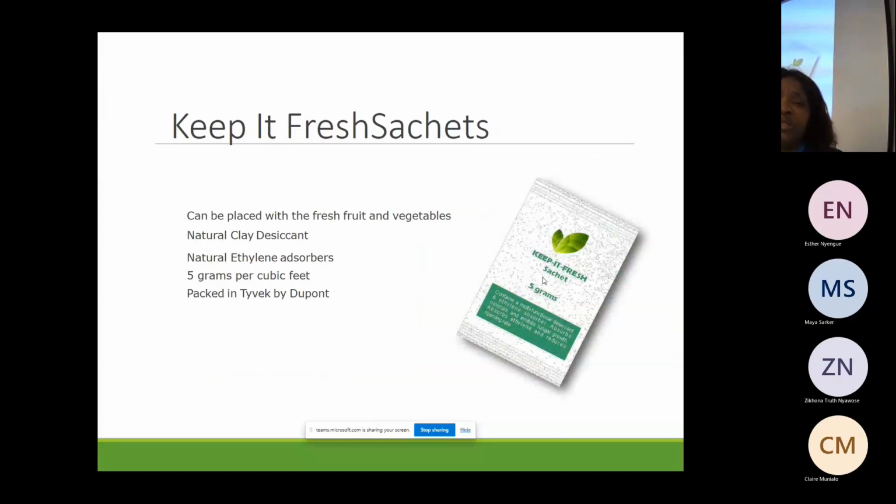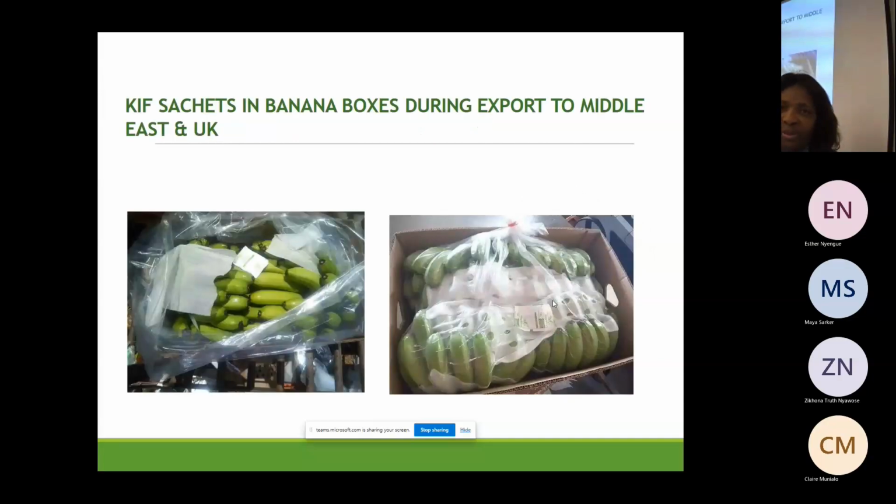Then there's also sachets, which can be placed within fresh fruits and vegetables. Natural ethylene absorbers, about 5 grams per every cubic feet of the fruits, and that is also packaged in this Tyvek packaging, and then they are just put in between there.